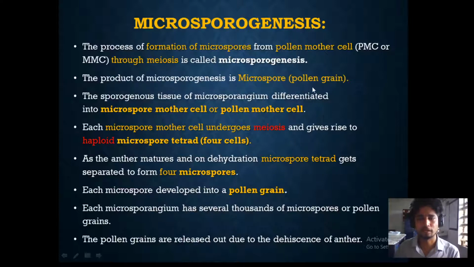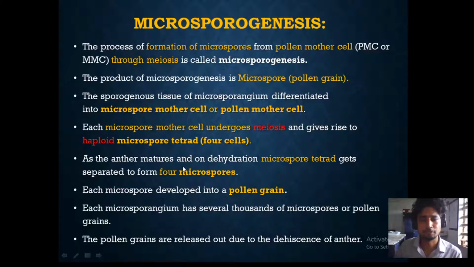Those are nothing but the pollen grains. These microspores are the gametes. In order to form them, they have to undergo meiosis because the plant body is usually diploid. So the diploid microspore mother cell undergoes meiosis to produce the haploid microspore tetrad. I hope you understood this step.